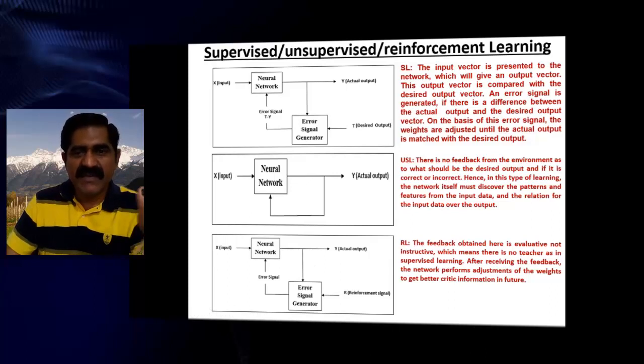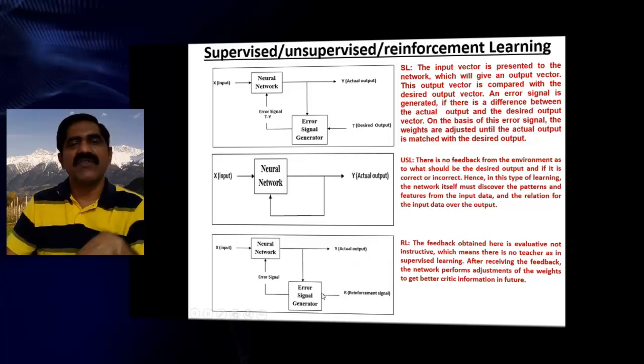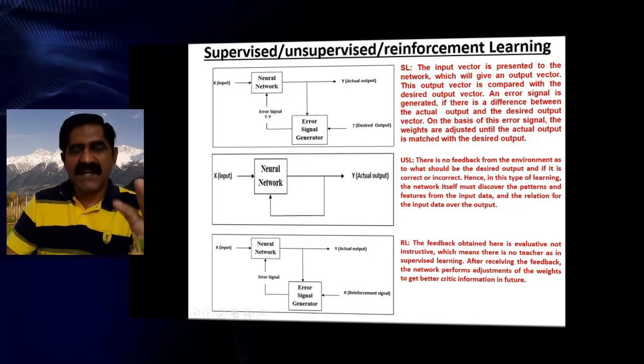Based on that, he gives an award or punishment. Here the feedback obtained is evaluated, and based on that you give either award or punishment. Here complete monitoring is there. You are judging whether you are moving in the right way or the wrong way, whereas in unsupervised there is no teacher. This is the scenario of supervised, unsupervised and reinforcement learning.